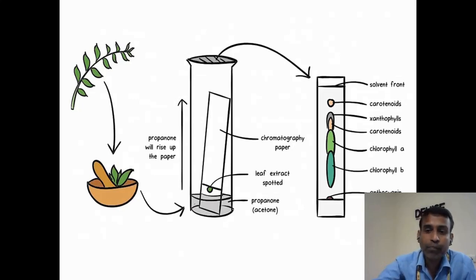If you check, the anthocyanin is present along the bottom line of the paper chromatography, and then chlorophyll B, chlorophyll A, xanthophylls, carotenoids, and the solvent front. The movement depends on the partition coefficient and the interaction between the mobile phase and the molecules present in the plant extract, so it will move faster or slower depending on the molecular weight and the polarity.